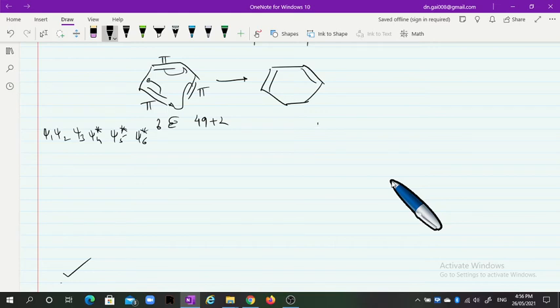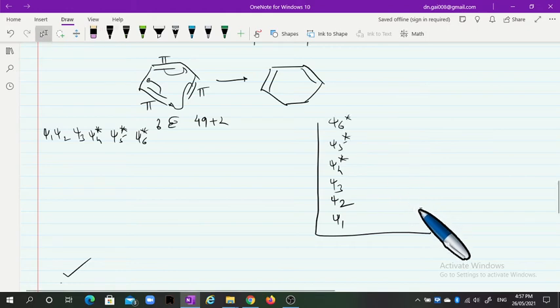No need to draw the diagrams; the number of nodes is 0, 1, 2, 3, 4, 5.